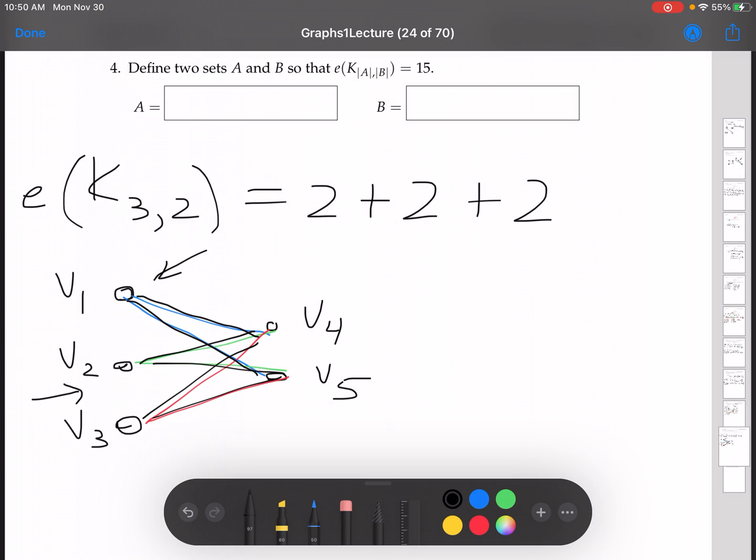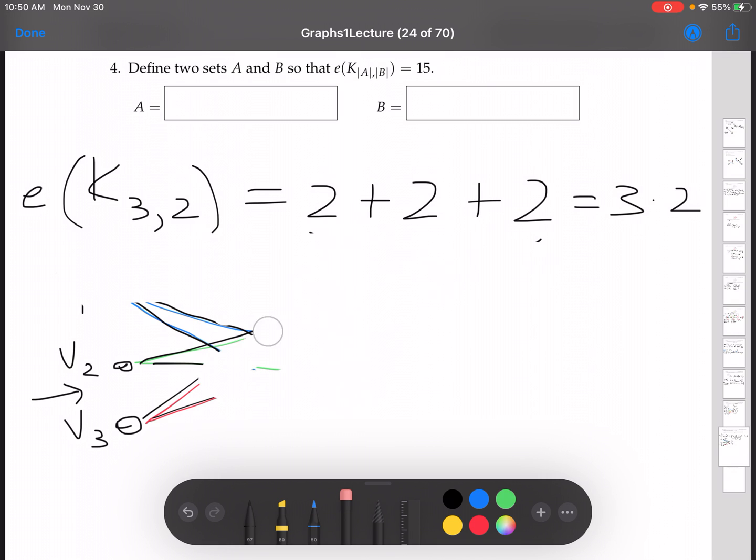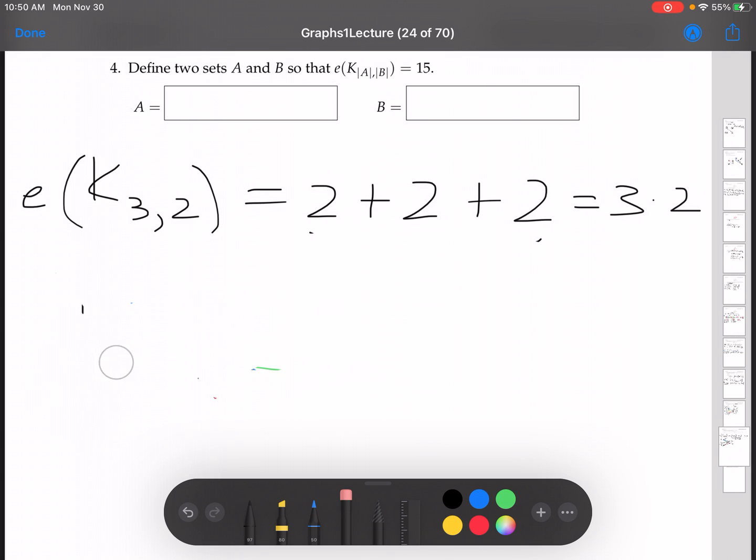So that's 2 three times, which is 3 times 2, otherwise known as 6. Let's look at another one.